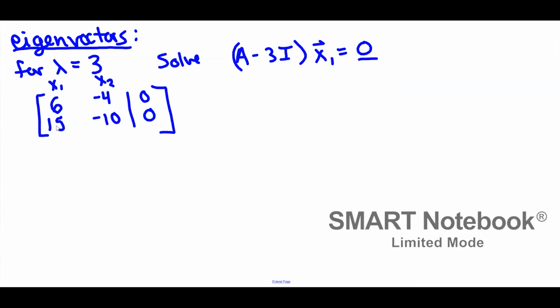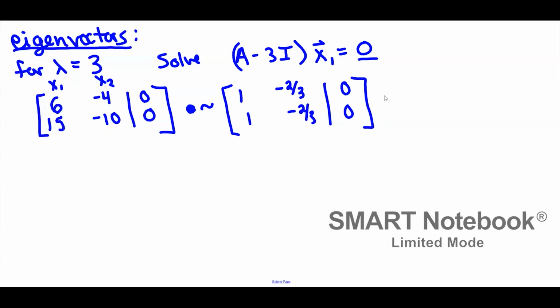So let's start by, let's divide this row by 6. So that'll be 1. -4/6, that's going to be -2/3. And let's divide this one by 15. Get 1, -10/15, that's also -2/3.